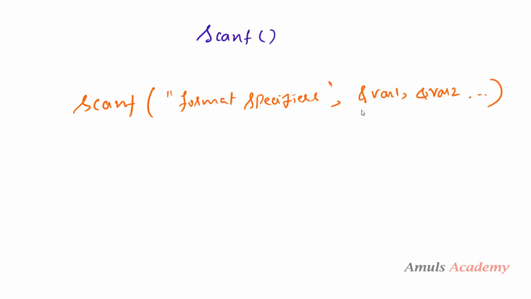Next we can see &variable1, &variable2. Why are we using this ampersand symbol with the variables? That is because if you write this symbol with any variable, it gives the address of that variable. In the scanf function, we need to store the value in a memory location, so for that we need the address. That's why we need to mention &a.